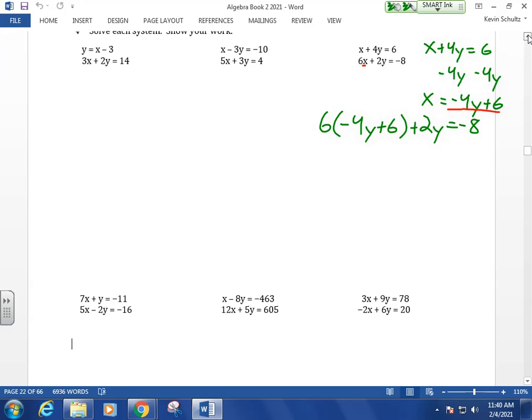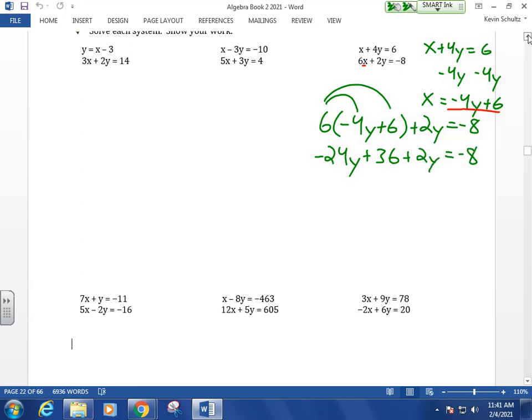Was it that far you want to go further with it, or are you good there? Yeah. Our next step here is the algebra of solving for y. And because we have parentheses, we're going to distribute. 6 times negative 4y is a negative 24y. 6 times 6 is 36.